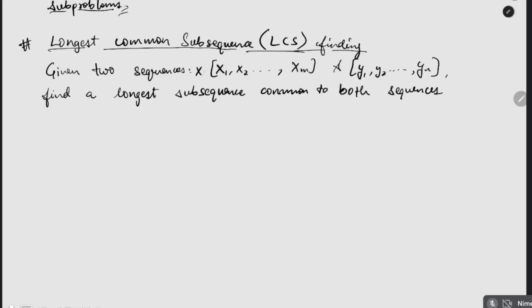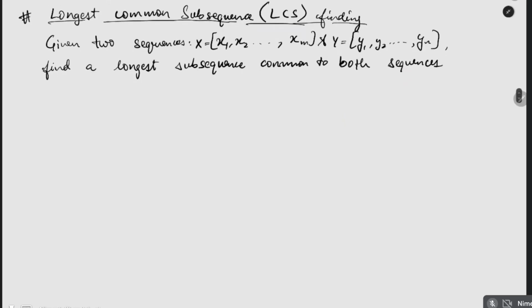Let's call this x and this y. Let's make the notation also a bit consistent.